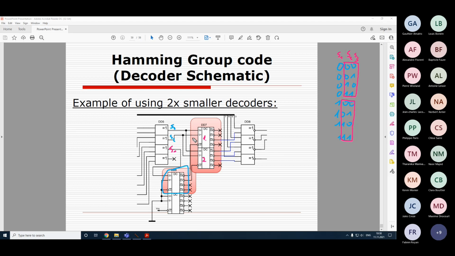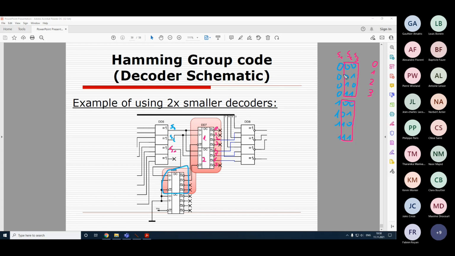If the first decoder is turned on, then we are working from 0 to third output. So this is 0, 1, 2, 3, 4, 5, 6, and 7.